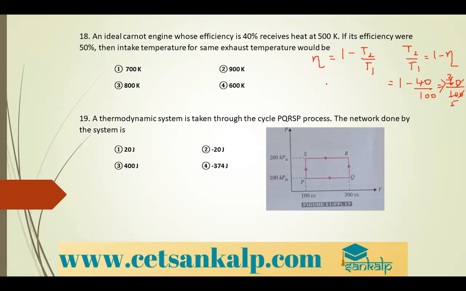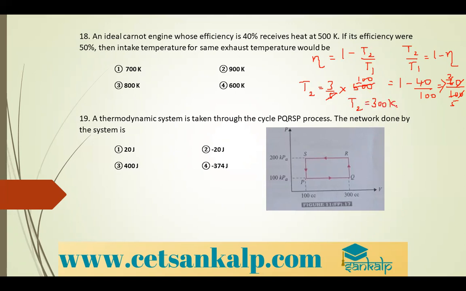T1 is given, so T2 is equal to 3 by 5 into T1, which is 500, 5 ones are 100, so T2 is equal to 300 Kelvin.